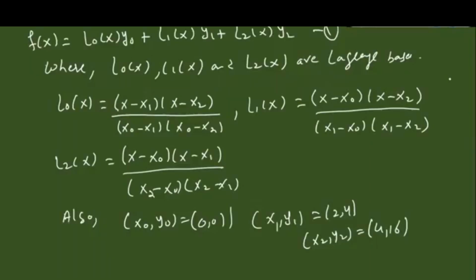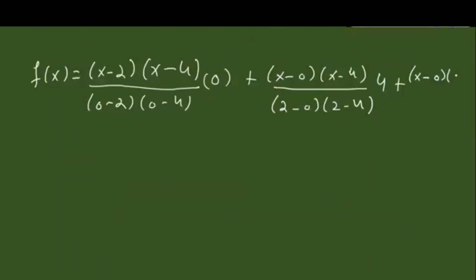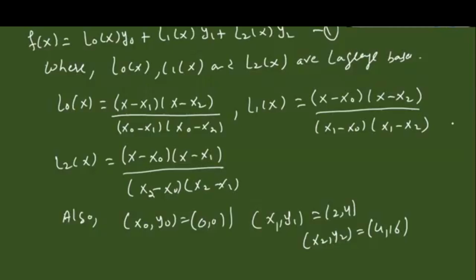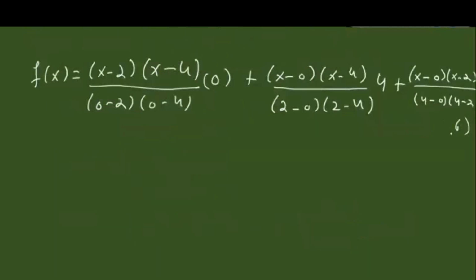Right, x1 is 2, divided by x2, that is 4 minus 0, 4 minus 2, and this whole will be multiplying with y2, and y2 is 6. So I should keep in mind this whole is multiplying by 6 as well.